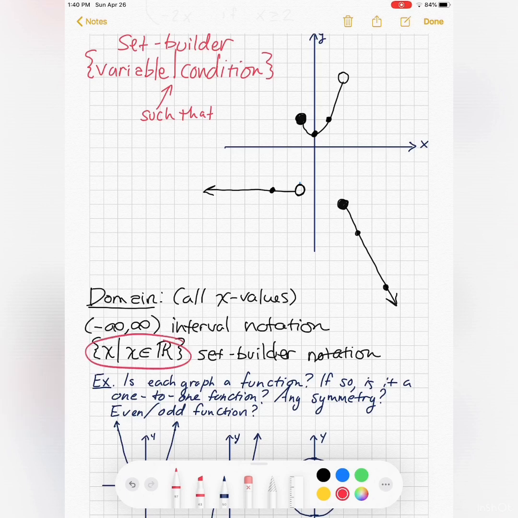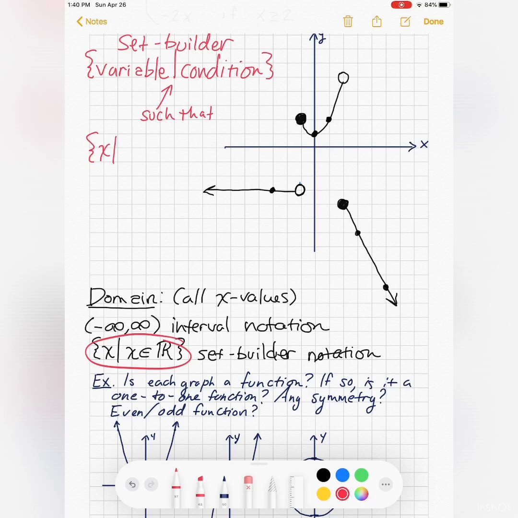So when I wrote this one down here, what I wrote is the set of all the, and then the variable that I'm interested in with domain is x.